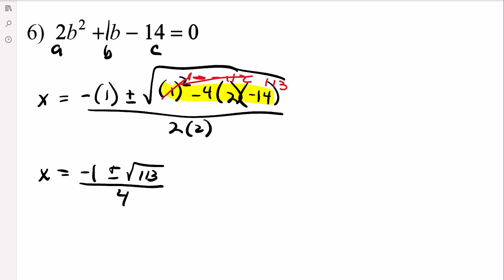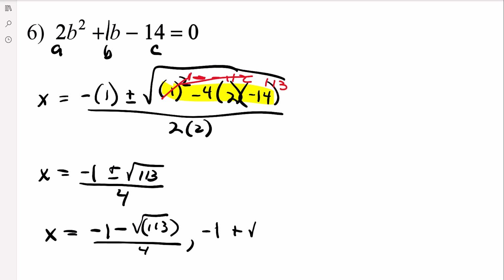I don't know. It looks like it could be prime. I tried some of the smaller numbers. It's not working. I could be wrong about that. But this is how you'd write your answer. Negative 1 subtract root 113, close parentheses, divide by 4, and then negative 1 plus root 113, divide by 4.